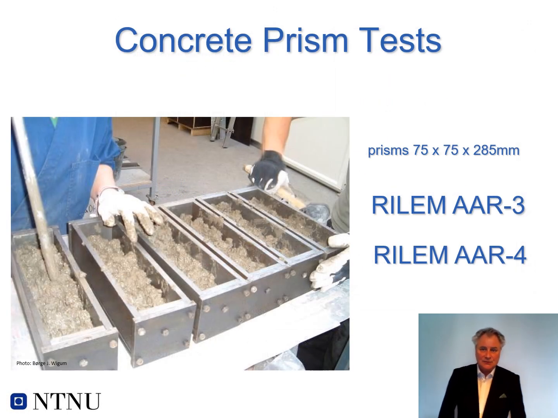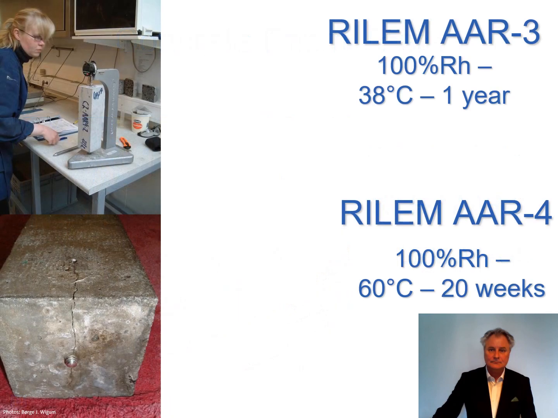Then you have the third test step, and then you are making real concrete. For instance, prisms 75 by 75 by 285, made with real concrete with both the sand and the coarse aggregate used.